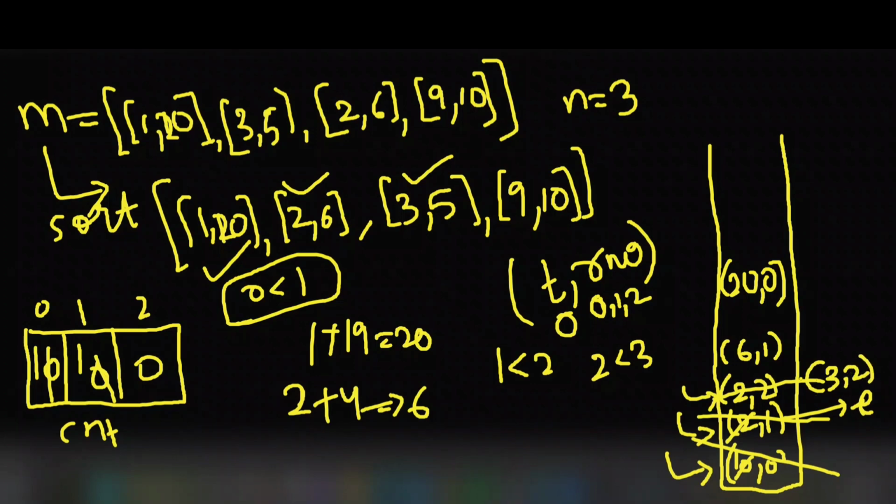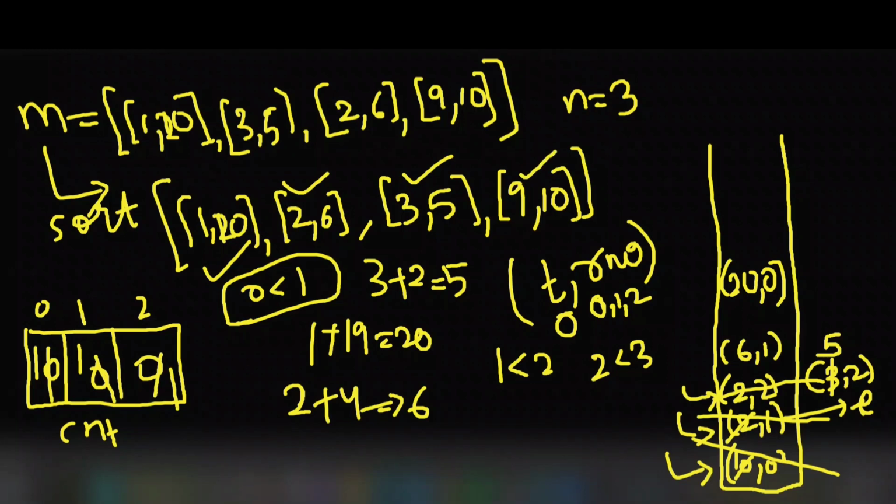Now we need to change the end time of the meeting, so 3 plus the duration. The duration is 5 minus 3 equals 2, so the end time will be 5 in this case. Let's just update it by 5. So now the count will increase to 1.